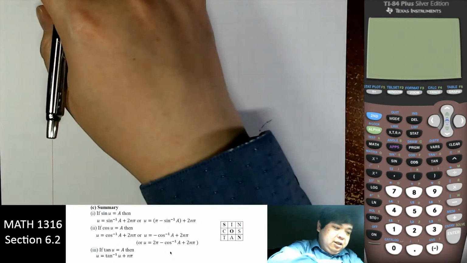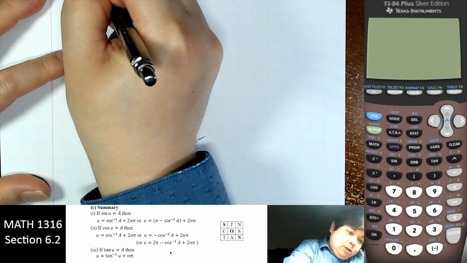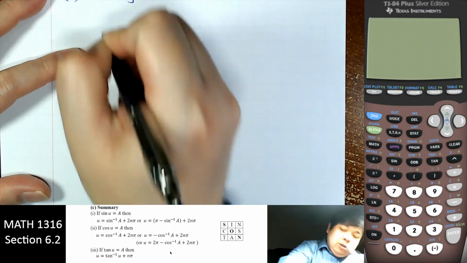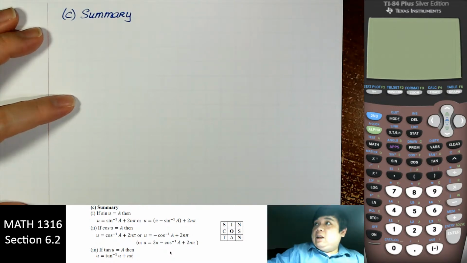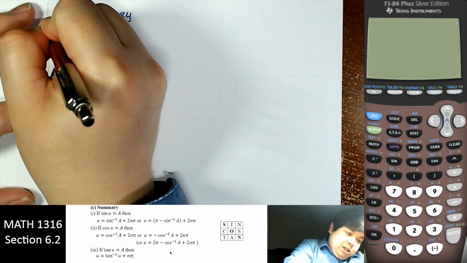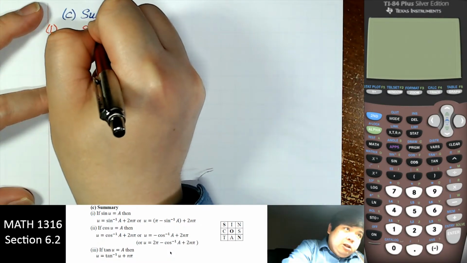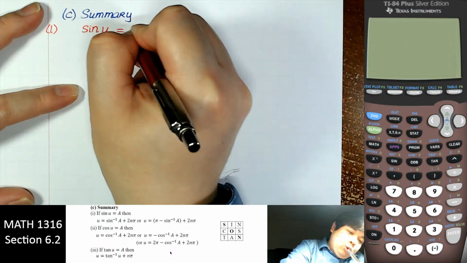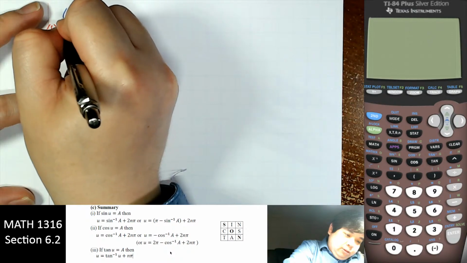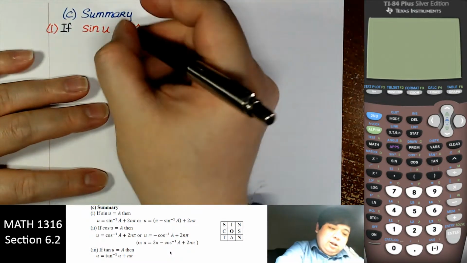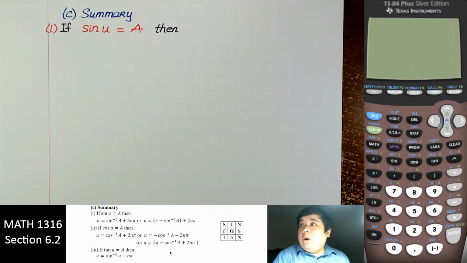And this is important. I use red. So if we have sine of u equal to a, then like I said, we cannot always go back to the unit circle.